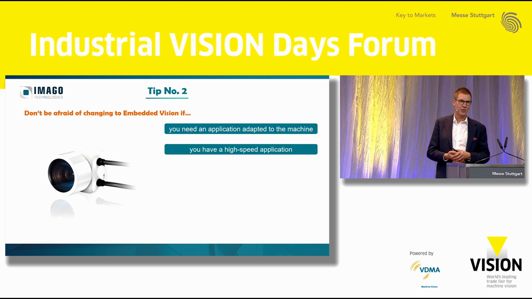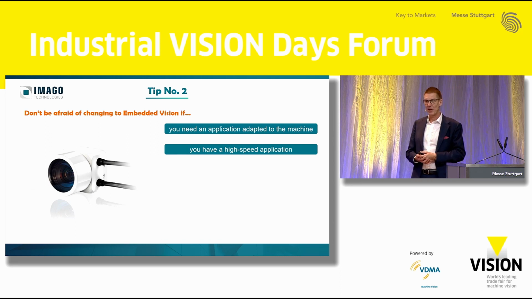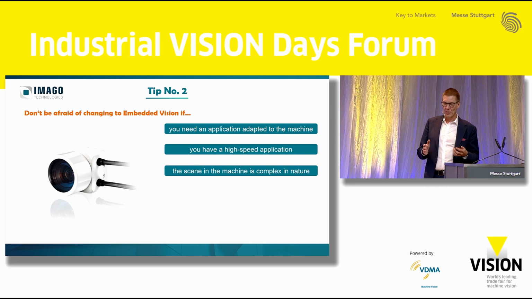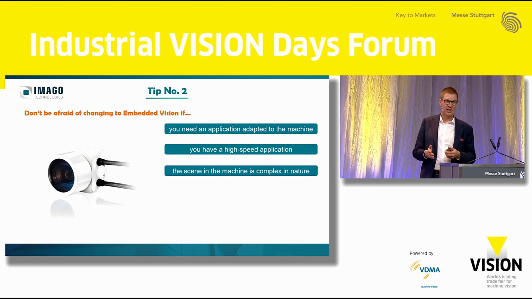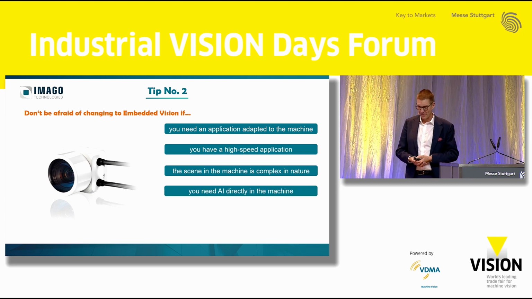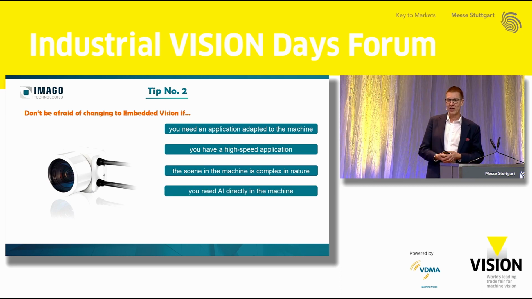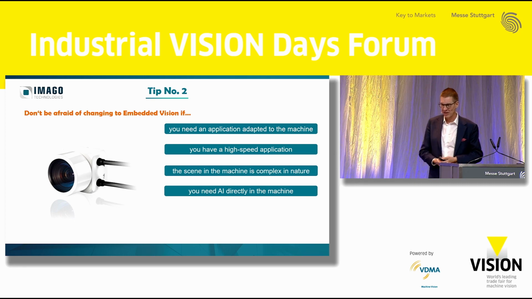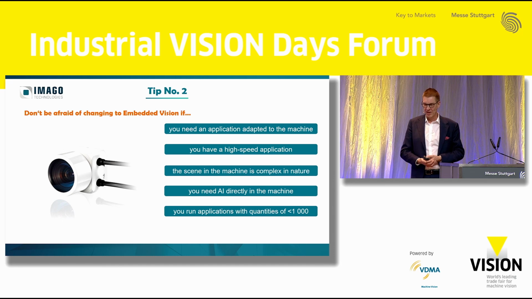For instance, we realized high-speed applications, or we have a complex scene analyzed by an embedded vision system. We already integrated AI functionality into the smart camera, and we integrated Prophesee event-based sensors.